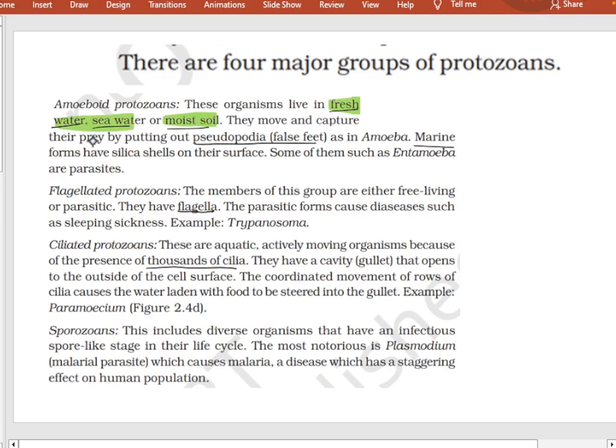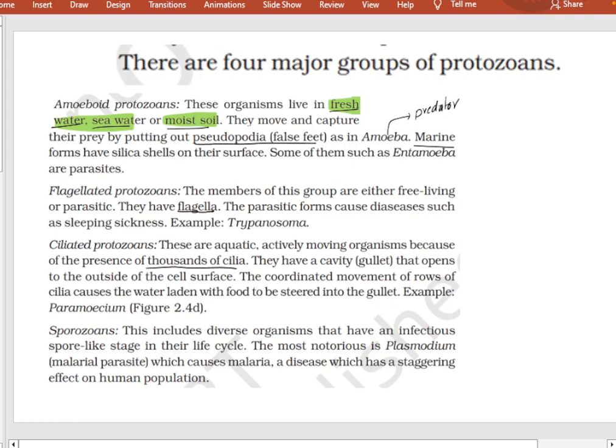They move and capture their prey with the help of pseudopodia, false feet, in the amoeba. Means amoeba is a predator. Whereas marine forms have silica shells on their surface, like diatoms. Next, entamoeba.